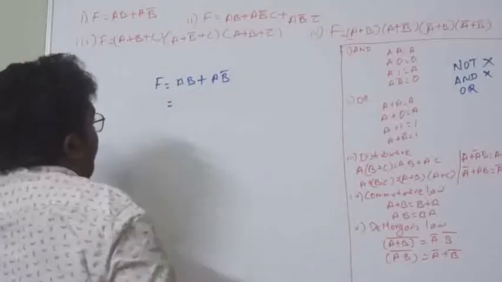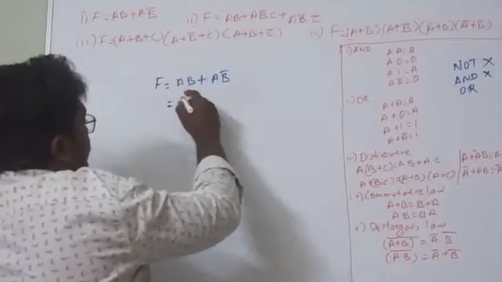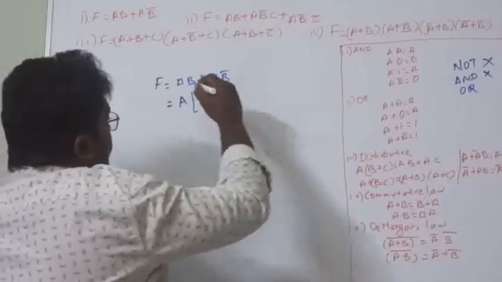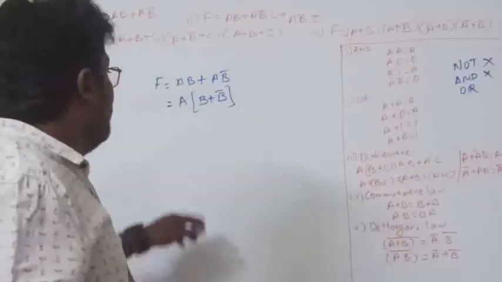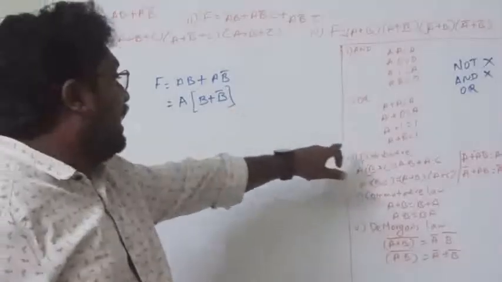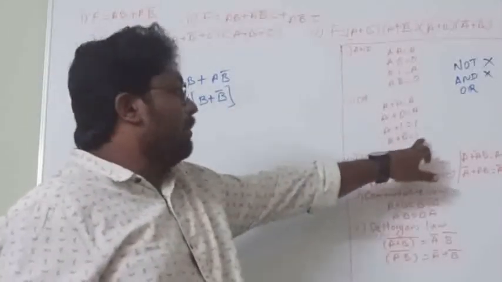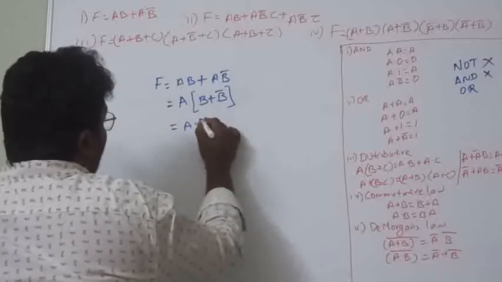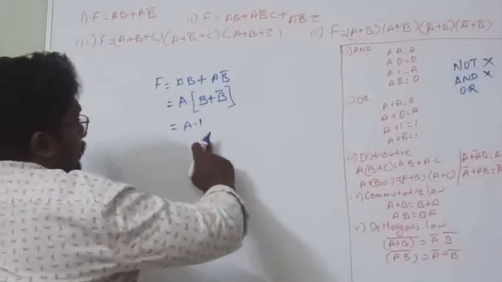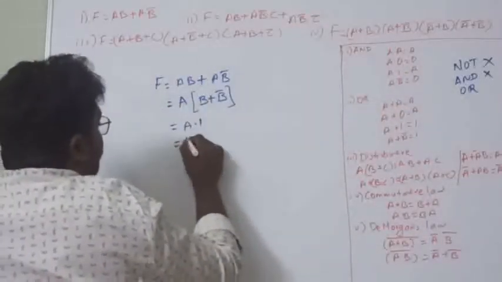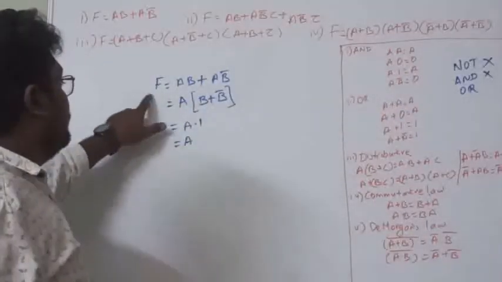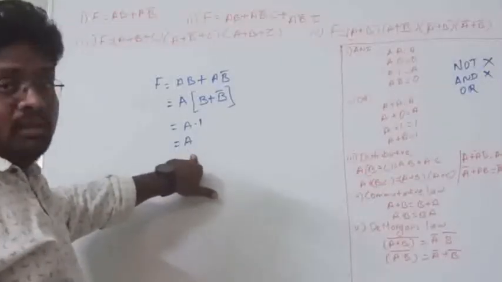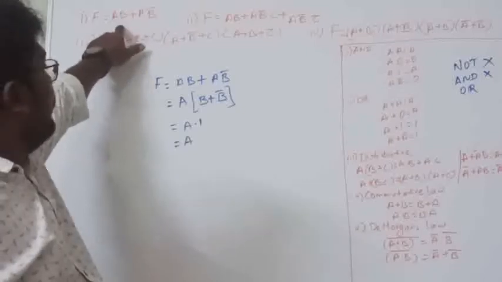Here we have A common, so take A and then B or B complement. For B or B complement, by the OR rule, that is A or A complement, it will be 1. So this is equivalent to A and 1. A and 1 will become A, and this is the reduction by using Boolean algebra for the first one.